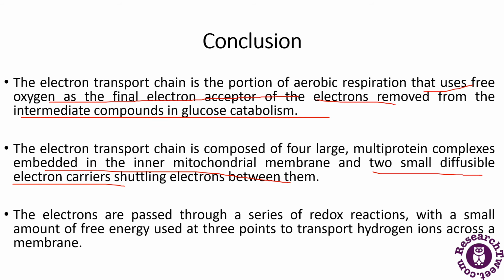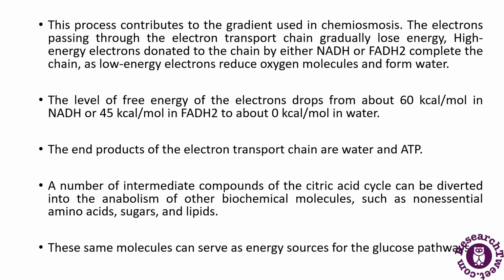The electrons are passed through a series of redox reactions with a small amount of free energy used at 3 points, which transport the hydrogen ions across the membrane. This contributes to the gradient used in chemiosmosis, which was the last step we studied.